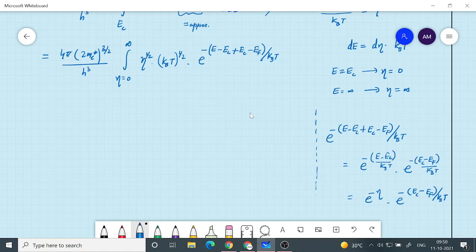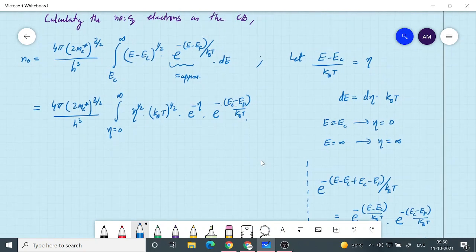Let me just substitute that. So that is e raised to minus eta into e raised to minus (EC minus EF) by kBT into, now it comes dE. So dE is here, that is d eta into kBT.